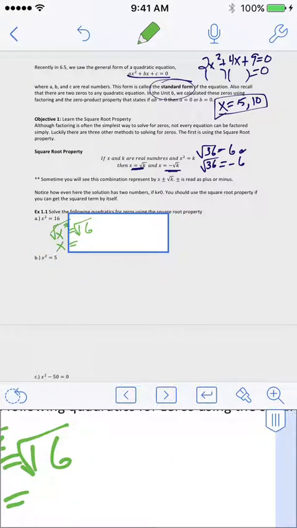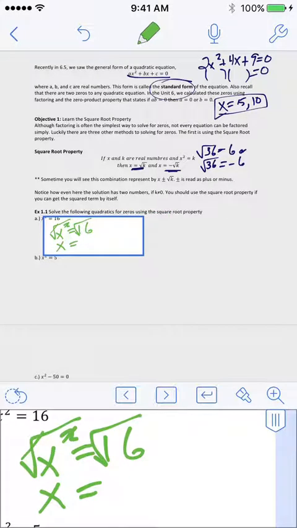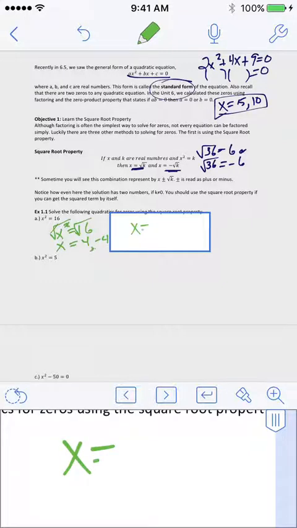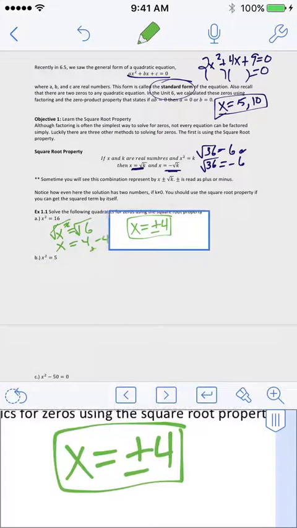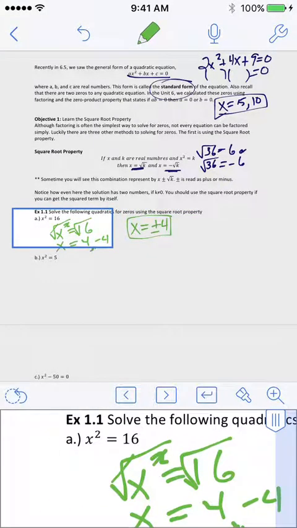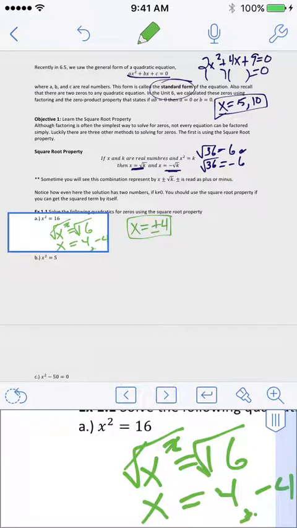When I take the square root of the 16, though, I have to remember that there are two things that equal the square root of 16, both 4 and negative 4. Sometimes if you want to save space, you'll see this written as plus or minus 4. So here, x is equal to plus or minus 4. And that makes sense, right? Because we just saw this in the 36 example. Both of those squared would give me 16.